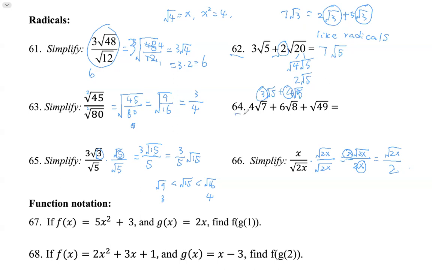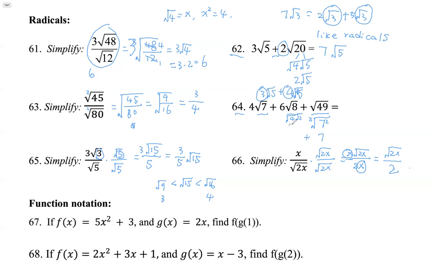All right, let's see 64. The square root of 7, the square root of 8, the square root of 49. Well, the square root of 49 is just 7, because 7 squared is 49. The power and the index are the same, so they cancel each other, and we just get 7. The square root of 8, again, is the square root of 4 times the square root of 2.